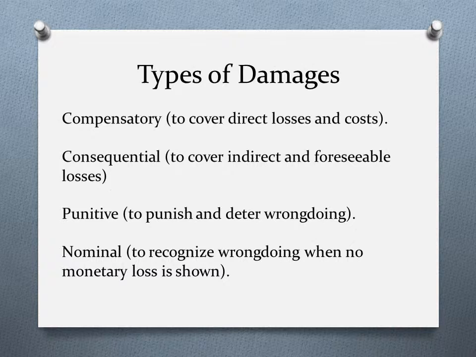Then you may even want to sue just for the punitive damages for the wrongdoing of the whole project. Okay, then you have nominal. This is when you recognize wrongdoing when no monetary loss is shown. So that means something went wrong, but it didn't affect either party.